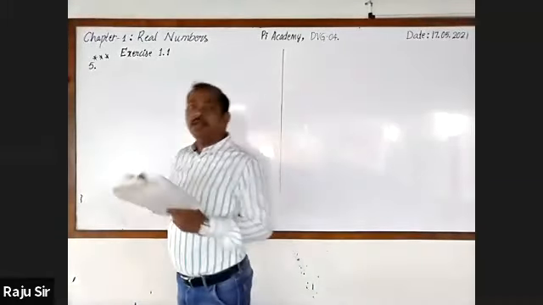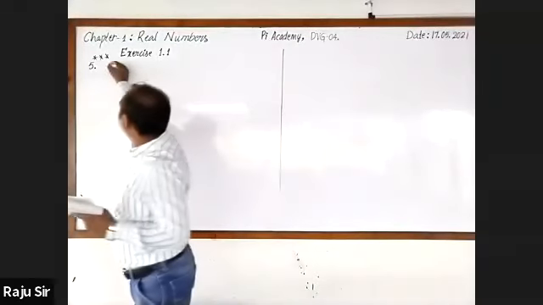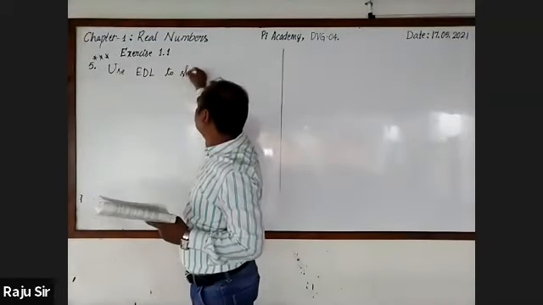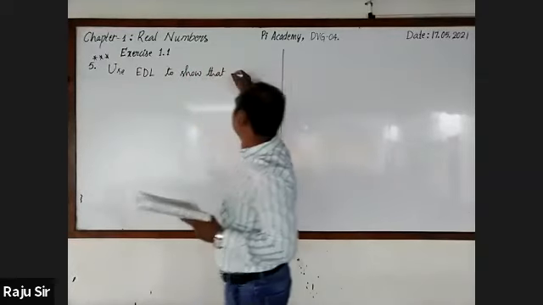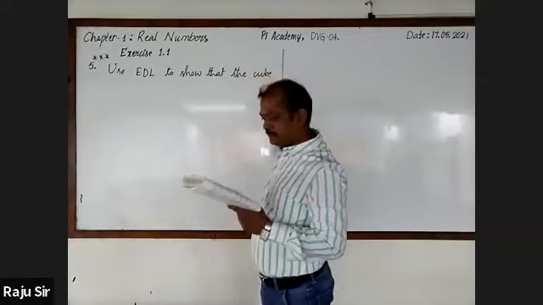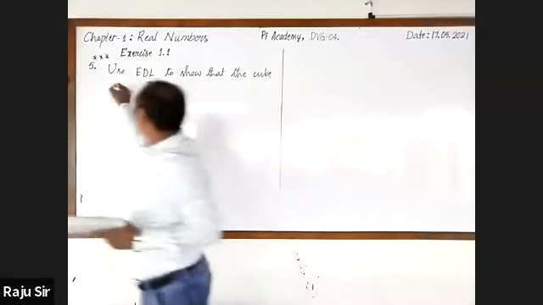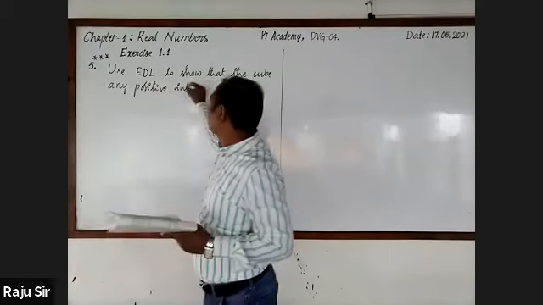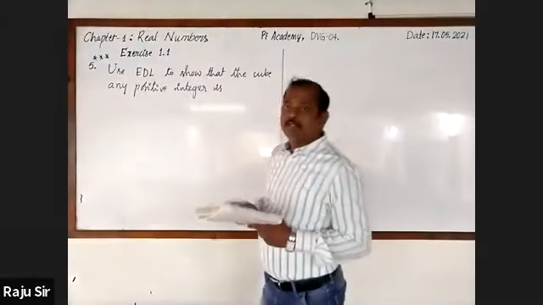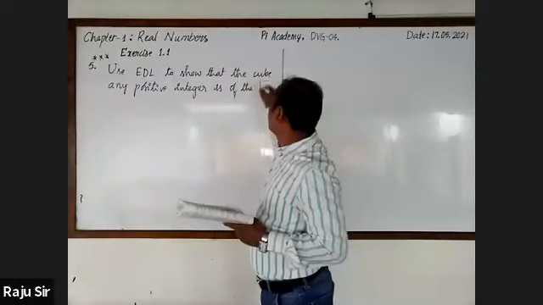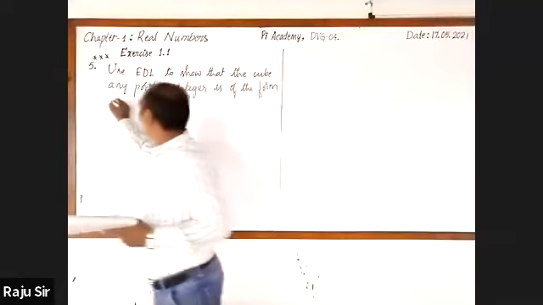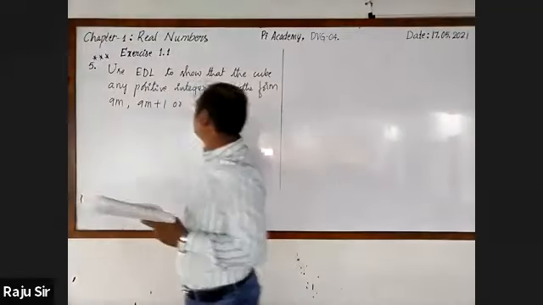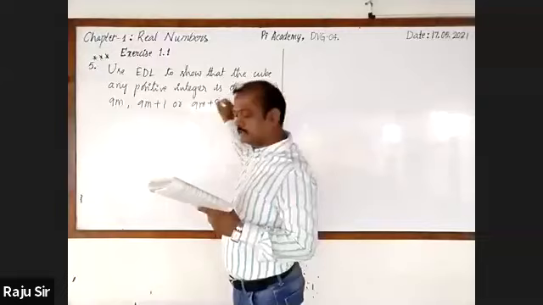The statement is like this. Use Euclid's division lemma to show that the cube of any positive integer is of the form 9m or 9m plus 1 or 9m plus 8.